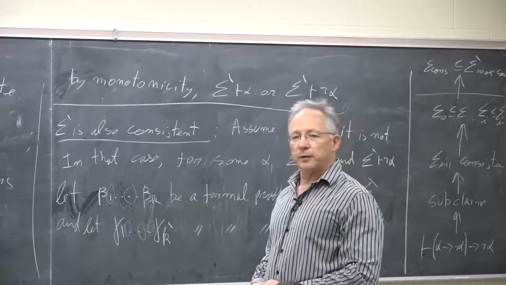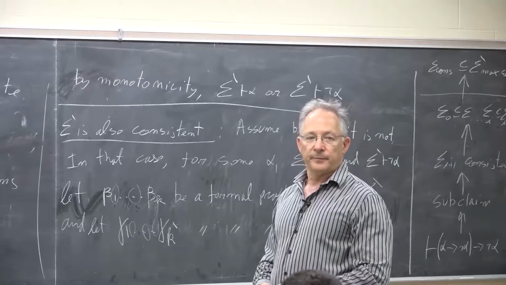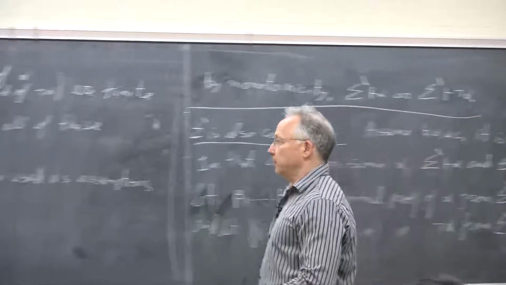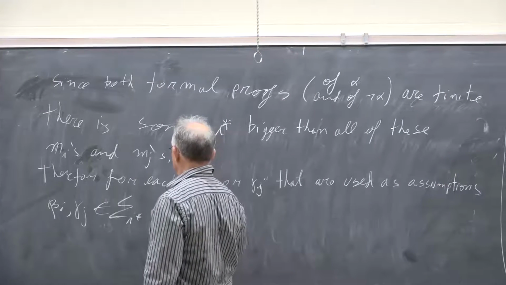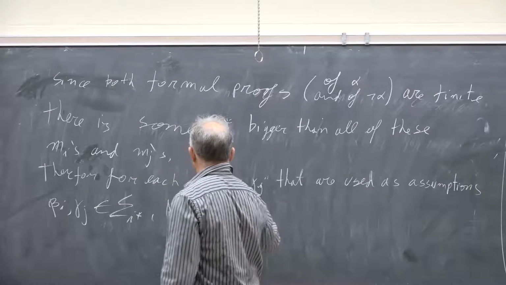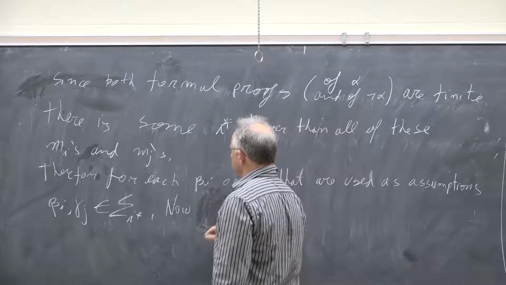Now I want to get a contradiction. How do I get a contradiction now? Sigma i star is... Right. So by monotonicity, now by monotonicity... I don't even need monotonicity.